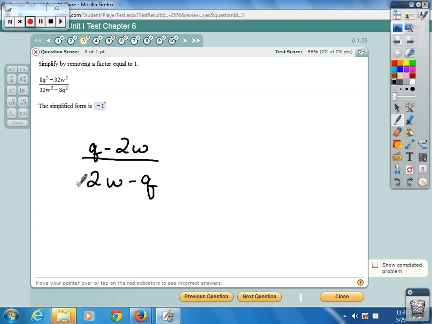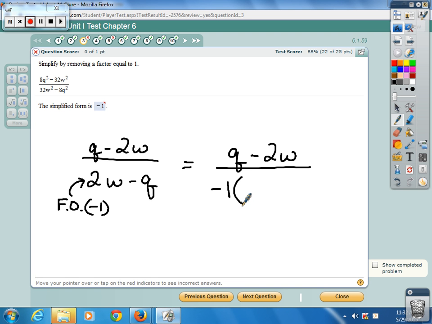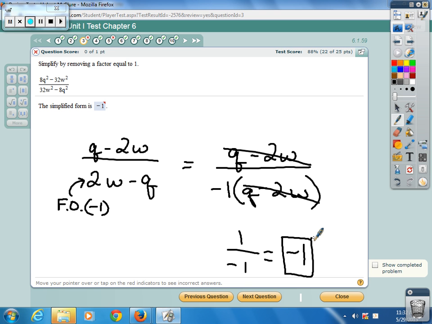So they're factoring out a negative 1 here, and that will give you Q minus 2W over negative 1 times... when you factor out the negative here, what do you get? Positive Q, and that becomes minus 2W right here. And that cancels, and you get 1 over negative 1, which is equal to negative 1. I will be lenient on this.